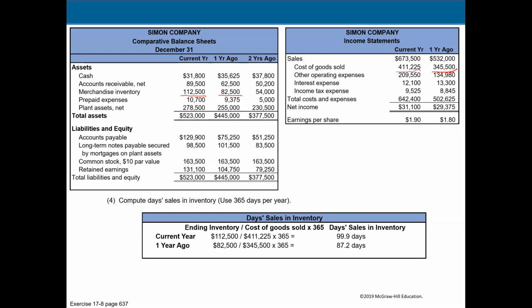You're holding more sales in inventory. So your inventory is getting larger, which means the company is not selling as much of their inventory as they should be in comparison to the amount of inventory that they're purchasing. In other words, the warehouse is getting fuller and fuller because they're not selling the items, but yet they're still purchasing it.